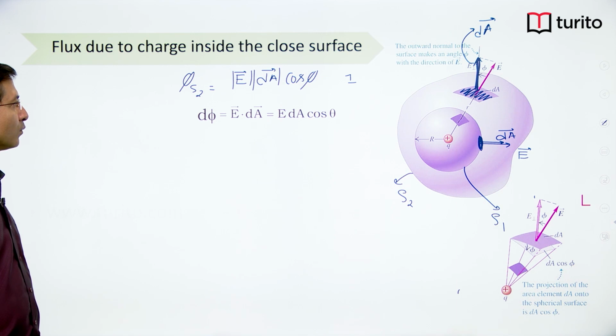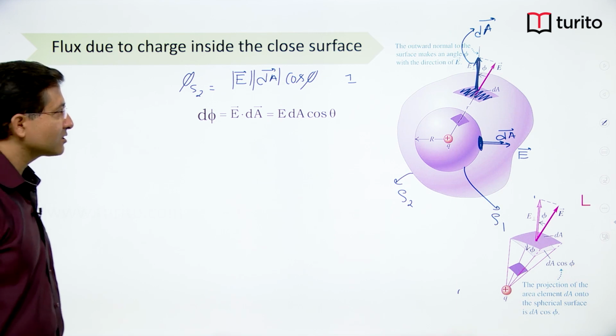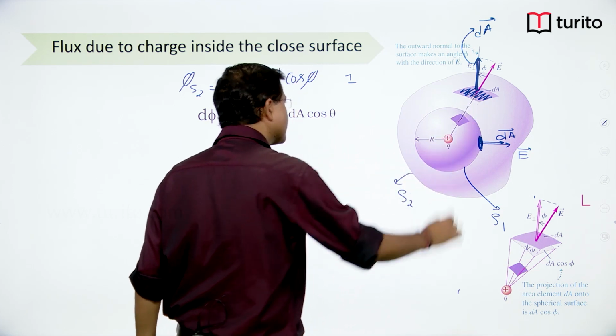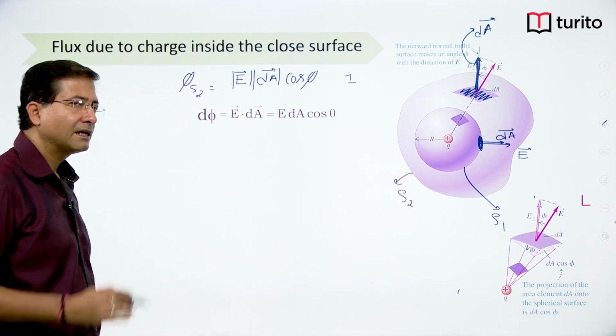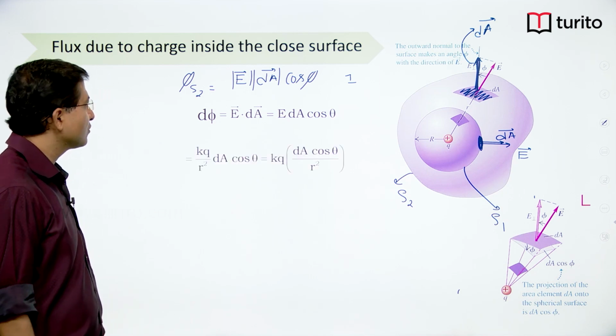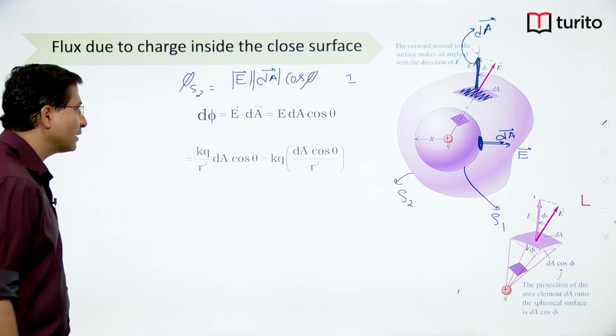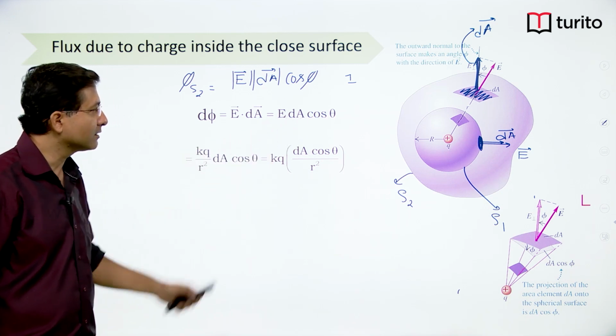And what is E over there at distance small r? From charge at distance small r, field is kq by small r square, right. So, I will substitute the value of field, E is equal to kq divided by r square, dA cos theta.